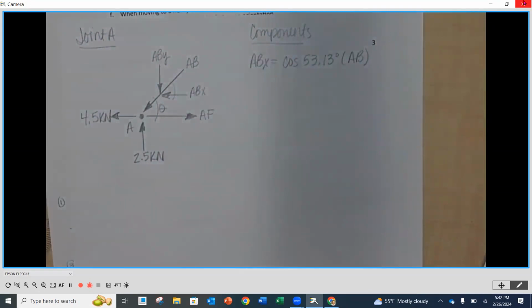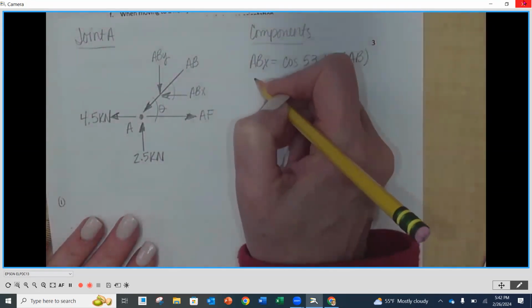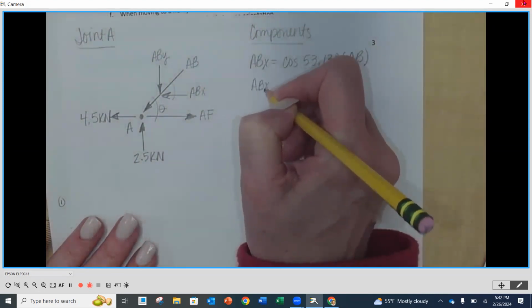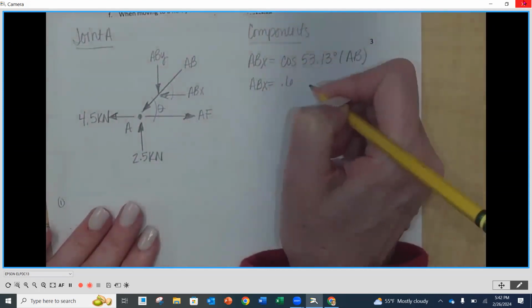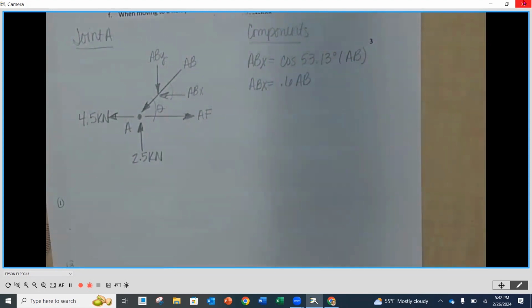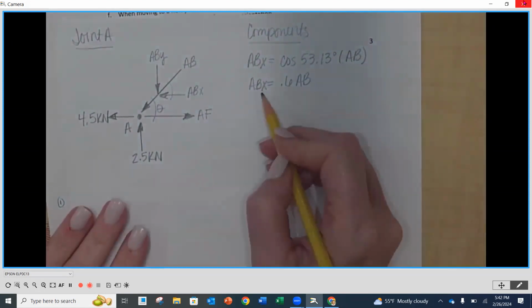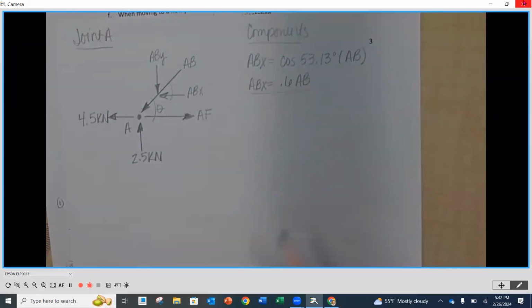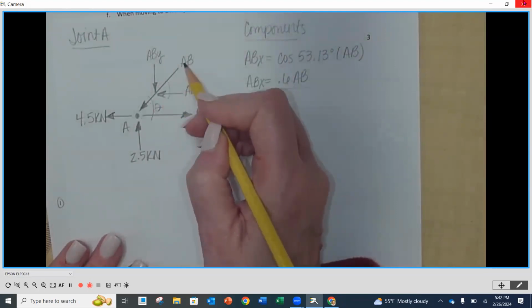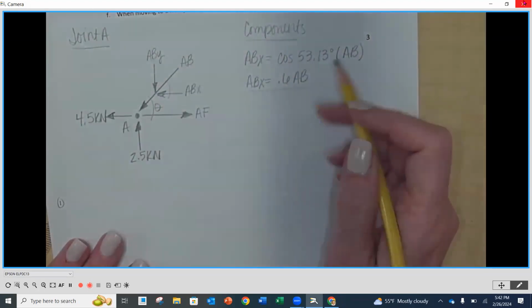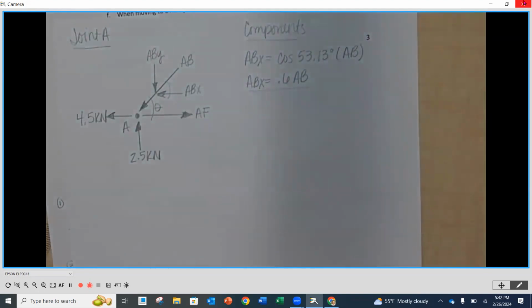So the decimal equivalent of the cosine of 53.13 is 0.6. So 0.6 times AB. We'll be using that. Remember, we always want to know the magnitude of the force in the member. The member is the AB, not the ABX or the ABY.